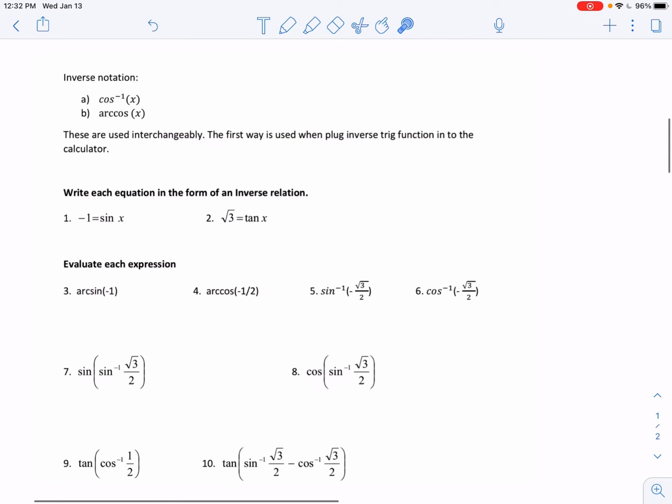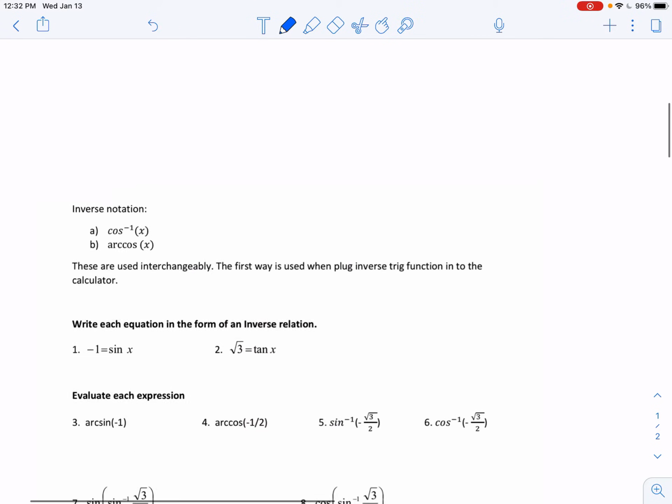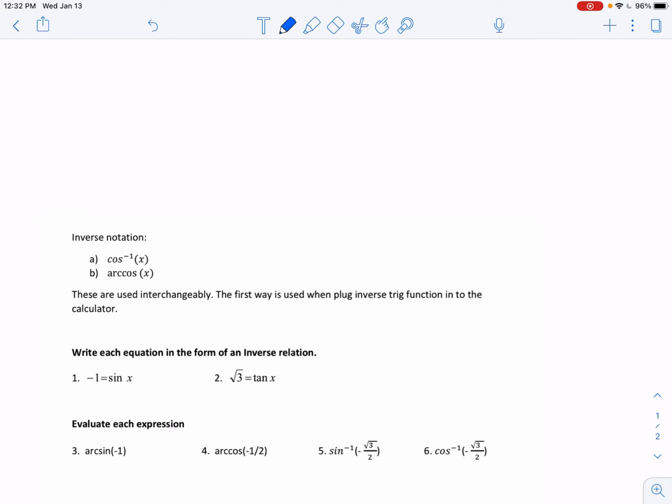First of all, when we talk about the inverse notation, I just want to make sure that you're aware that these two things are used interchangeably. So the inverse, and it's cosine raised to the -1 of x, but it's a little bit tricky when you think of, like if you have x to the -1, that's equal to 1 over x.